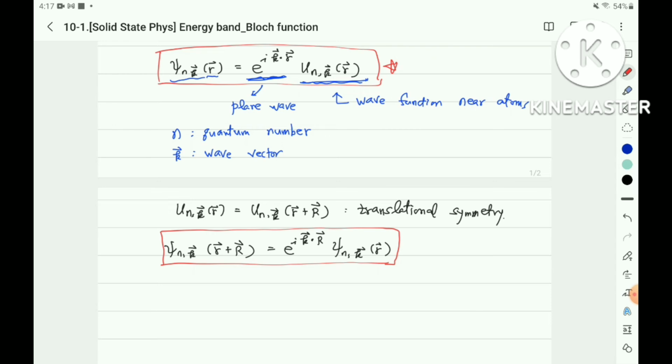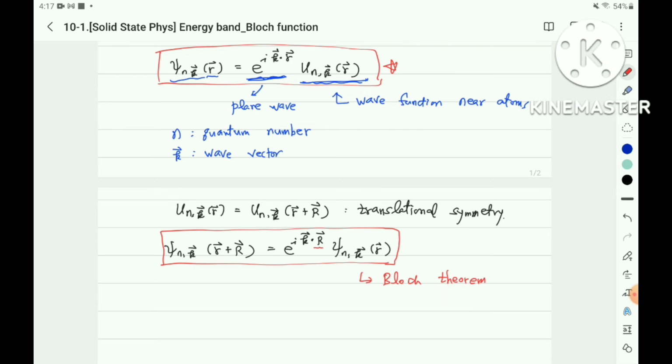Here R represents the Bravais lattice vector, and it is very important. We call it the Bloch function, the Bloch theorem. It asks whether this wave function is a Bloch wave function.